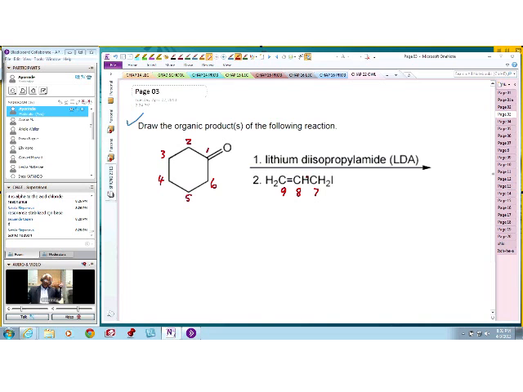So what will be the product here? Just give me the numbers, the carbons that are attached to each other. If 2 and 9 are joined together, give me 2 and 9. If 3 and 8 are joined together, give me 3 and 8, so I could write the product. What will be the answer here? Somebody said 2 and 9.